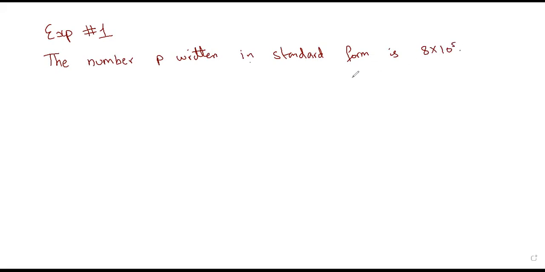So P is 8 multiplied by 10 power 5, and the number Q written in the standard form is 5 multiplied by 10 power minus 2. So these are the two numbers you need to calculate. This is the question basically.